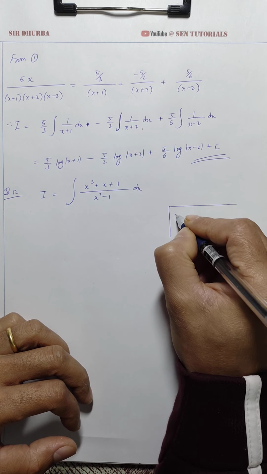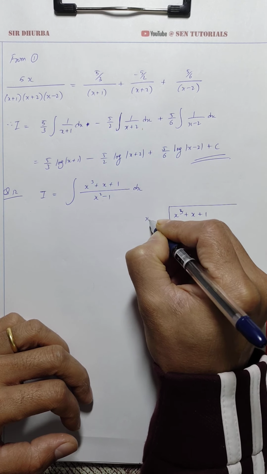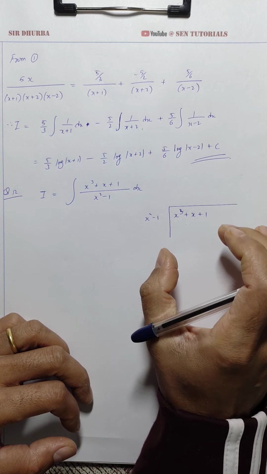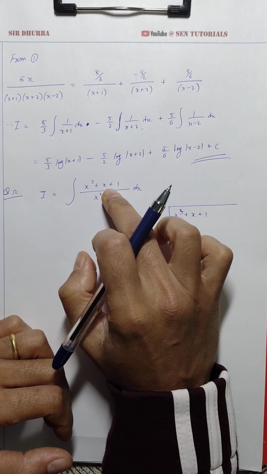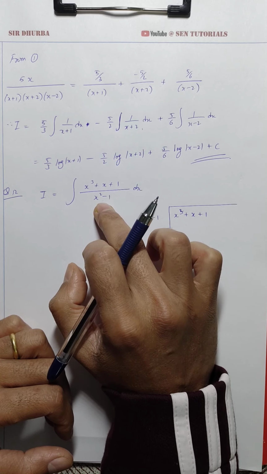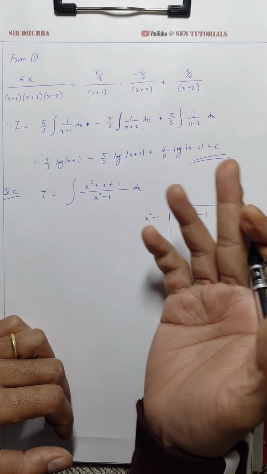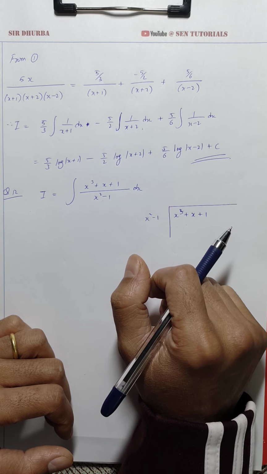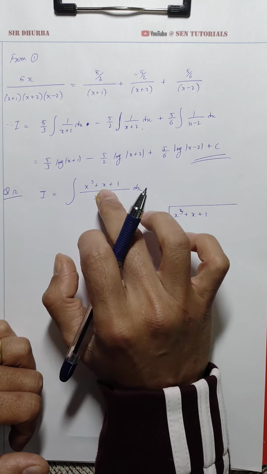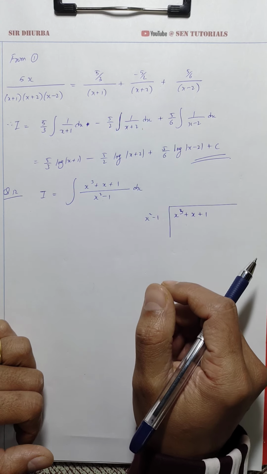Okay, x cube plus x plus 1 divided by x square minus 1. So in rational algebraic functions, if the degree of the numerator is greater than or equal to the degree of the denominator, then always divide the numerator by the denominator and we will use the result. Okay, then what happens is we can convert the given integrand into a very simple form, and then we can integrate it very easily.